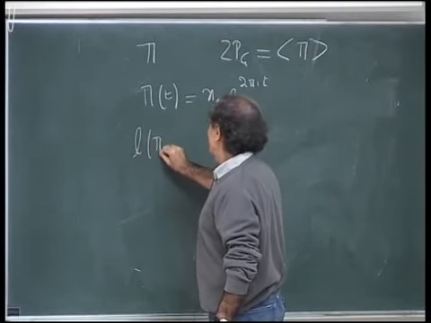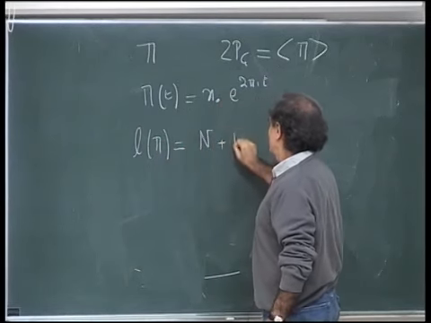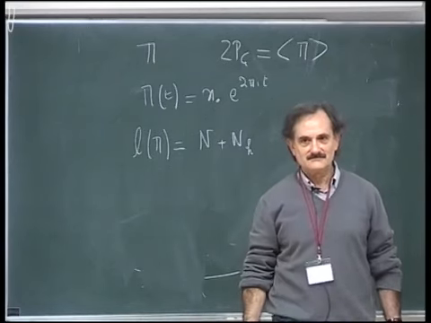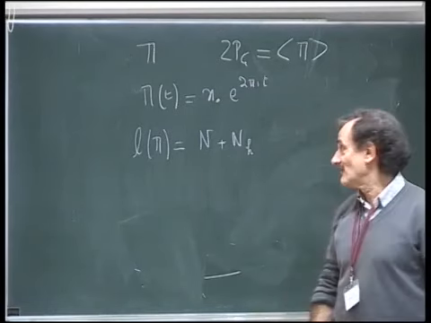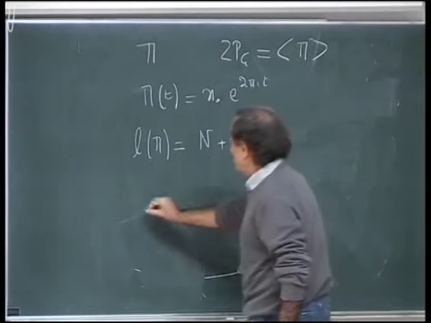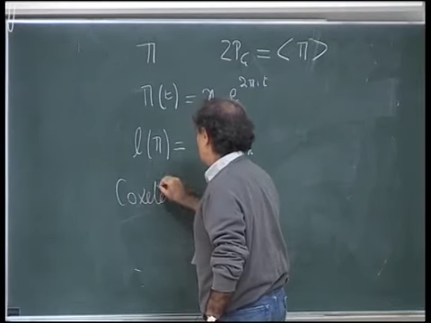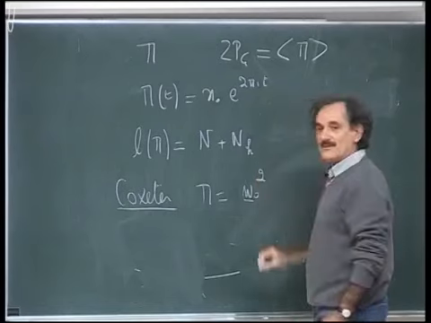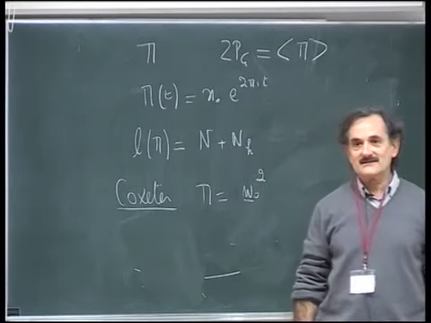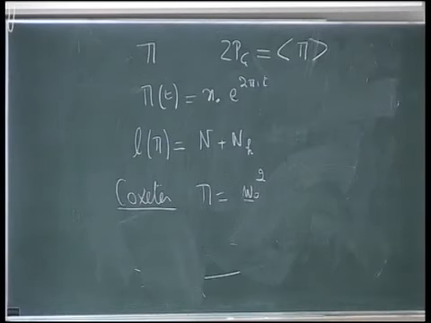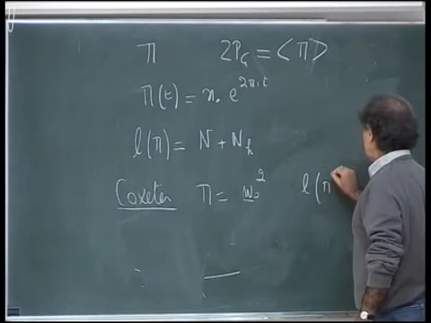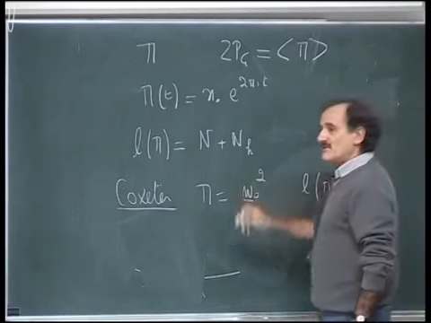The length of pi is n plus nh, 2 capital N in the Coxeter groups. Of course, because in case of Coxeter groups, this pi is, say, W naught square, remember? And you all know that the length of W naught is capital N. So it's 2 capital N in that case. But in general, it is n plus nh.